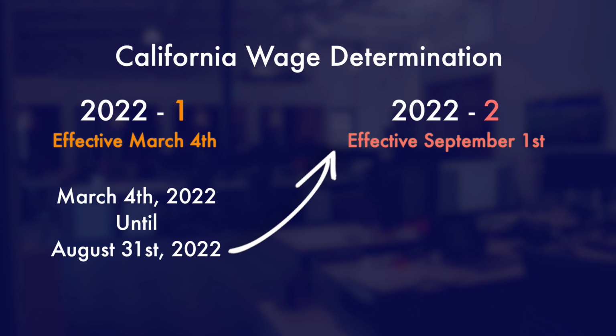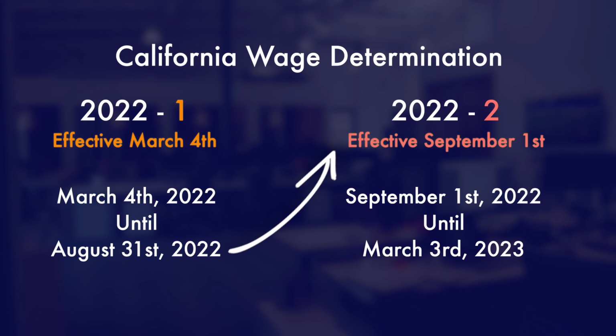The 2022-2 wage determination would be used for any project with a bid add date from September 1st, 2022 through March 3rd, 2023 of the following year, which is the last day before the next determination would come into effect.